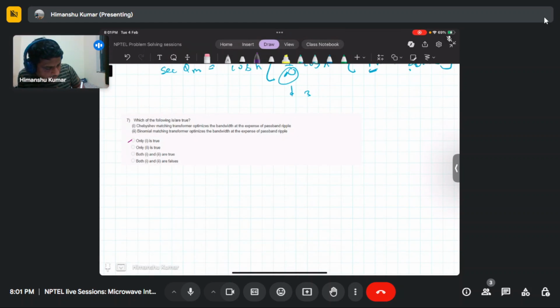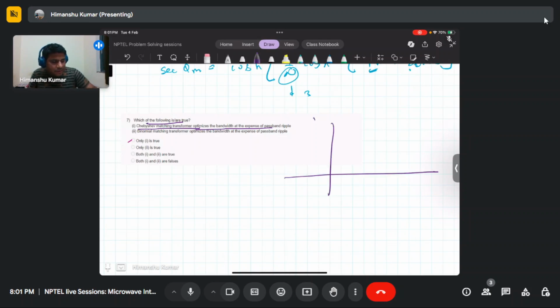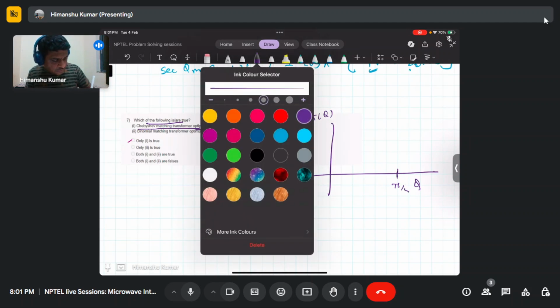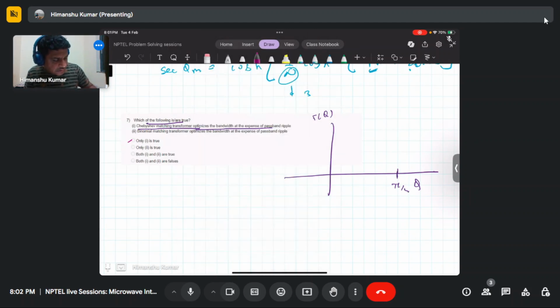Which of the following is true? Chebyshev matching transformer optimizes the bandwidth at the expense of passband return. What happens in the binomial matching is that if you plot gamma of theta versus theta, the center frequency is pi by 2, and you will see this kind of variation.